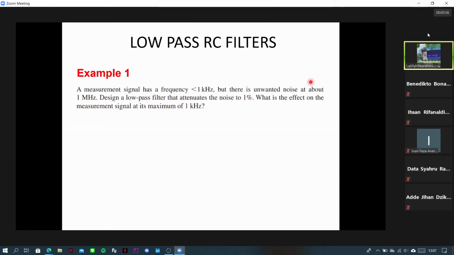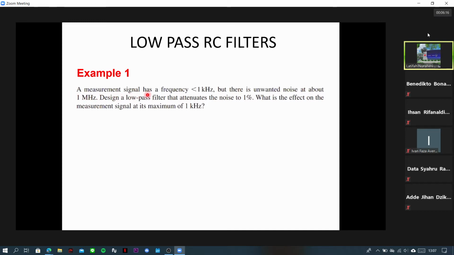From the name filters, you know that it is used to remove noise, either high frequency noise or lower frequency noise, when you capture signals. Now a measurement, let's read it together.